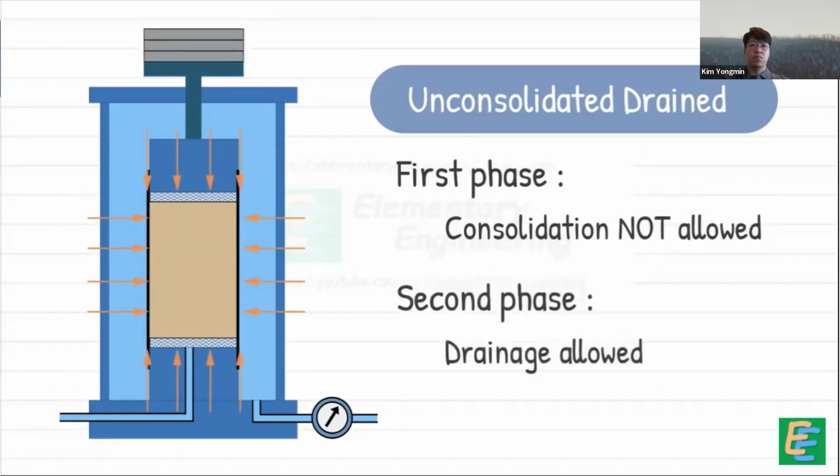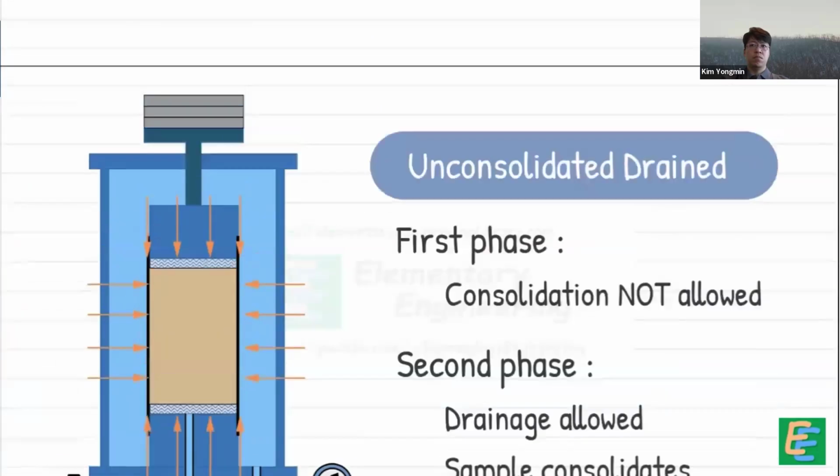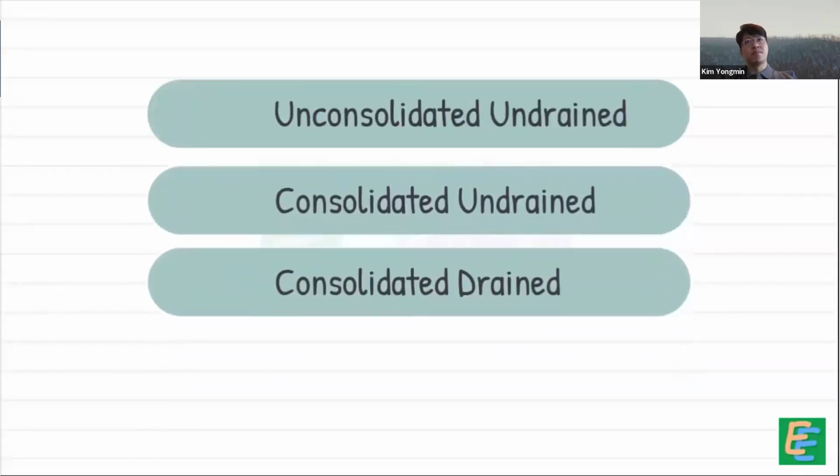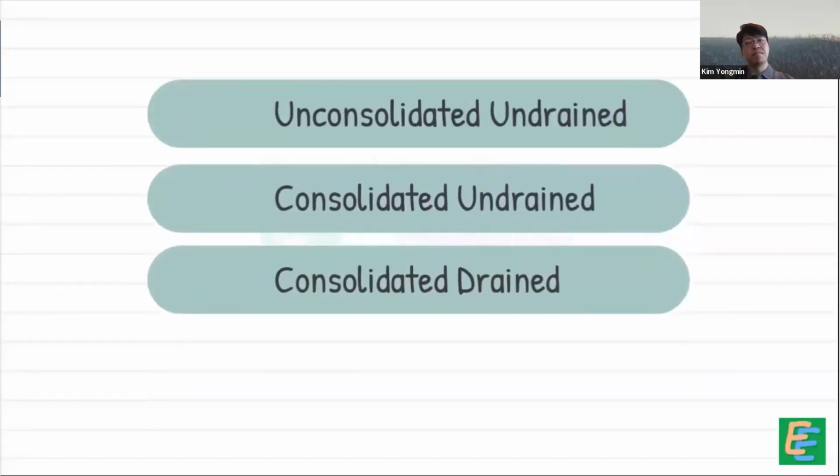The moment we allow the water to drain out, the sample will begin to consolidate. Therefore, we can realistically test the soil in these three conditions only. In short, these conditions are called UU, CU, and CD. These drainage conditions are representative of certain real field situations.